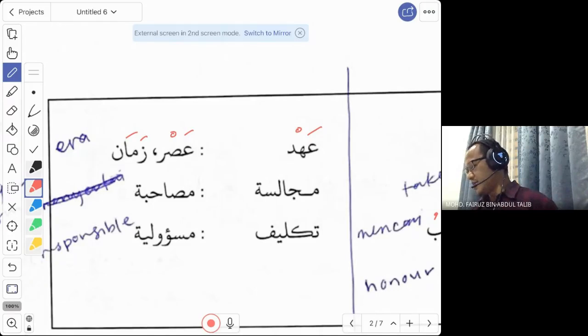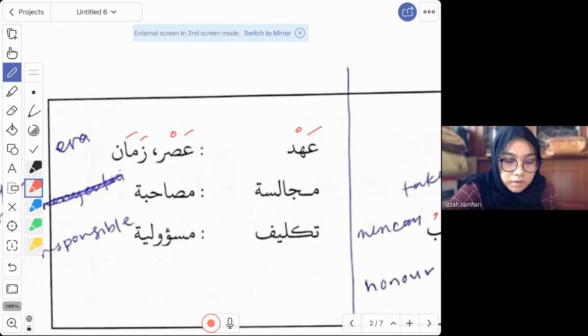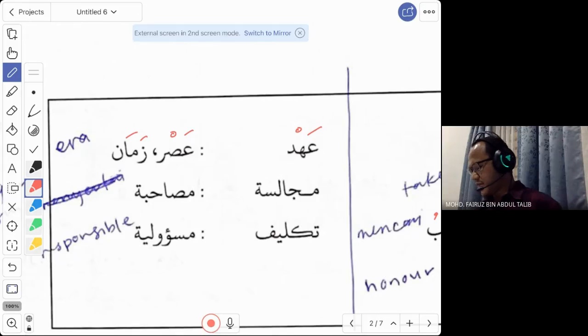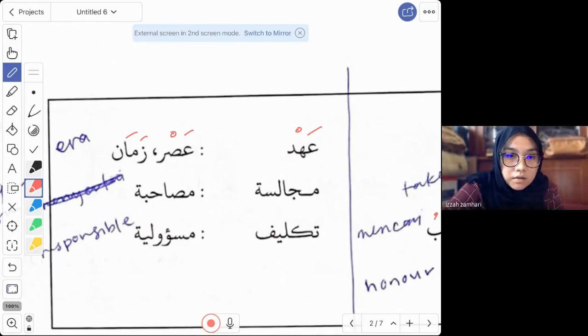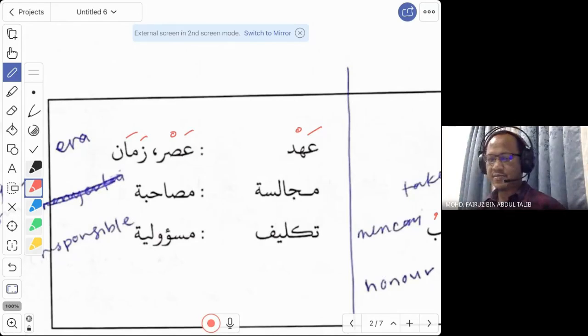So, this is the era. Yes. And asrun or zaman? And what is asrun and what is zaman? Means era. It can be era, it can be time. Asr time or zaman time. So when we say fi asri Omar Abdul Aziz, it is in the era of Omar. So you can use fi ahdi, fi asri. Naam. So these two words.